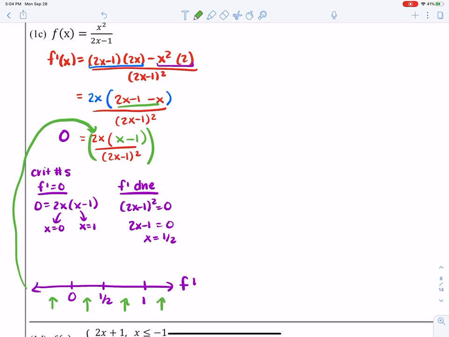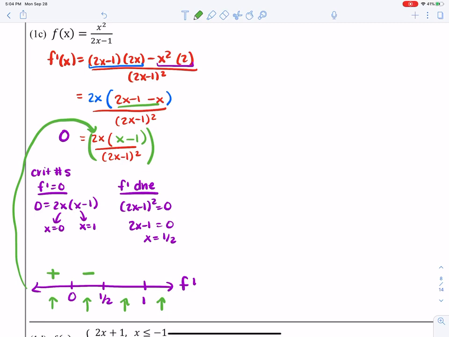So if I plug in -1, I hope you can see that everything in the denominator, when you square it, will be positive. So the denominator is always going to be positive. If I plug in -1, I'm going to get a negative times a negative, which should give me a positive. If I plug in like a quarter, the denominator is always going to be positive. I'm going to have a positive number times a negative number, which should be negative.